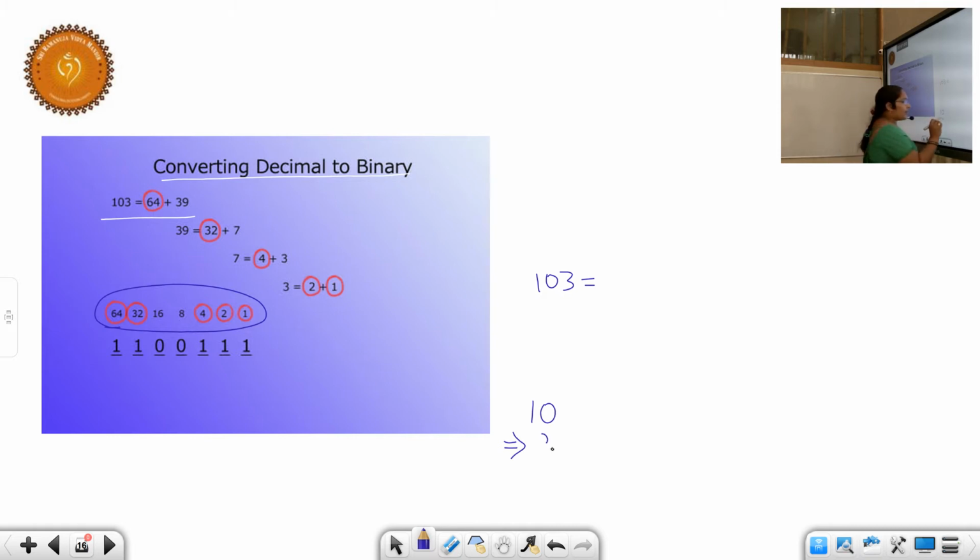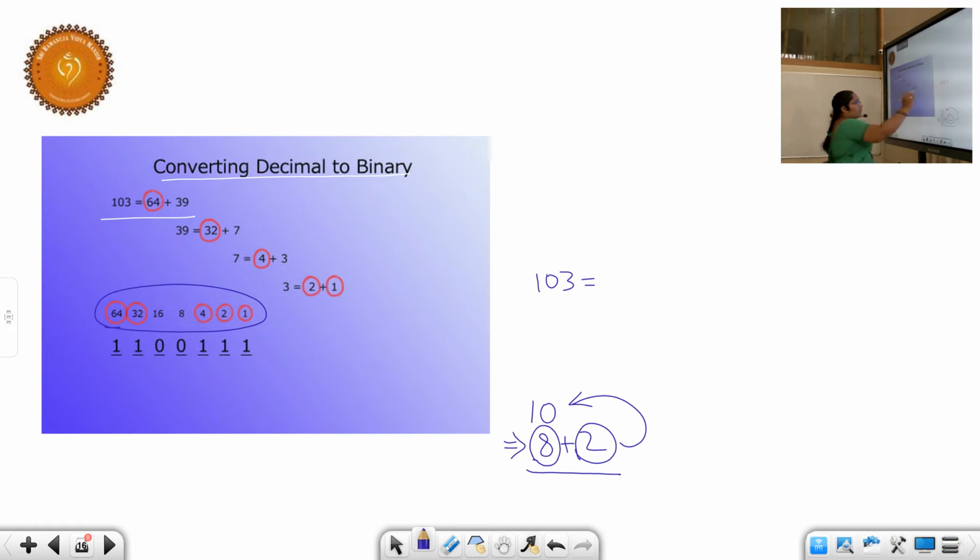So we can write it as 8 plus 2, which gives the answer 10. It means the computer will internally convert the given code into its binary format.